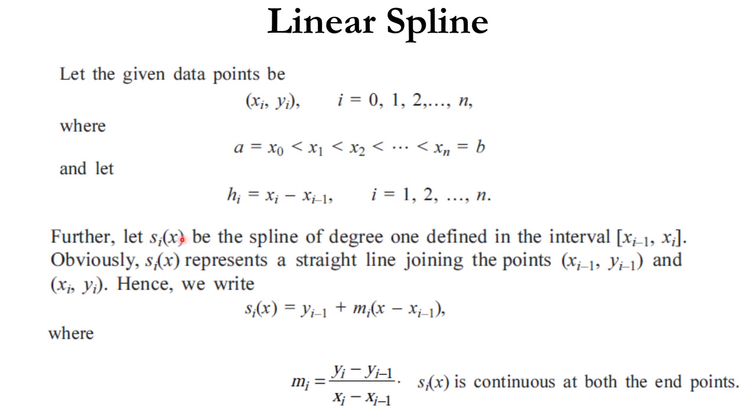We have to find si of x for each interval xi minus 1 to xi. Clearly, since it is linear spline interpolation, si of x represents a straight line joining xi minus 1, yi minus 1, and xi, yi.